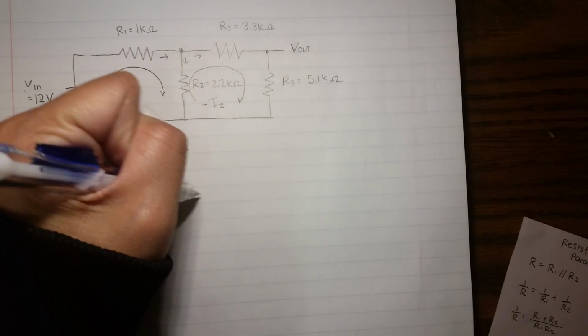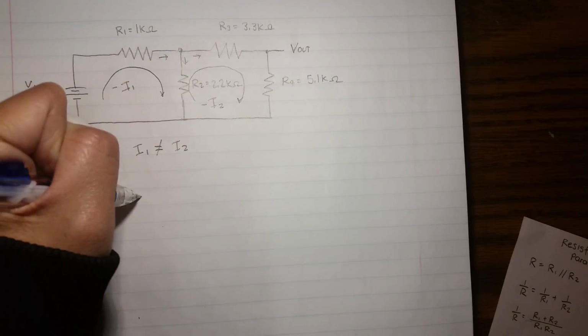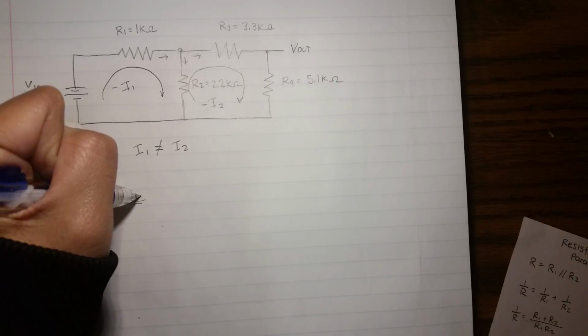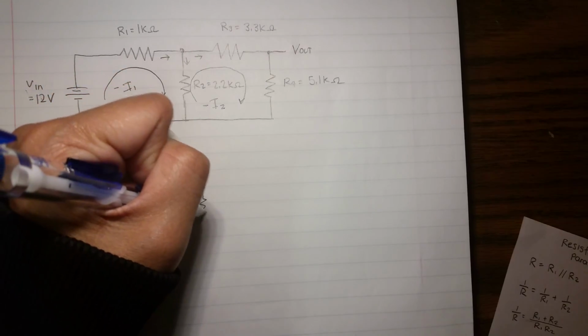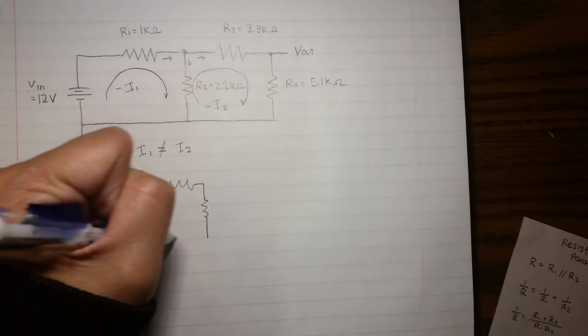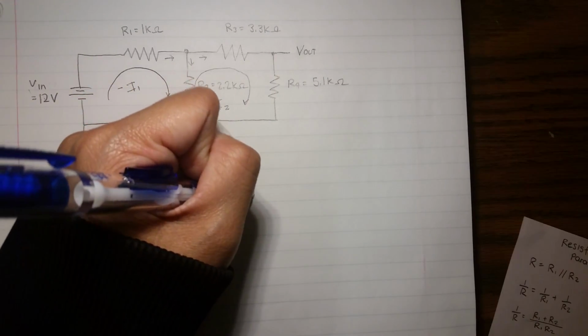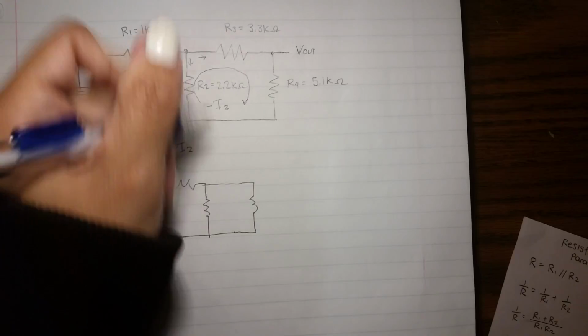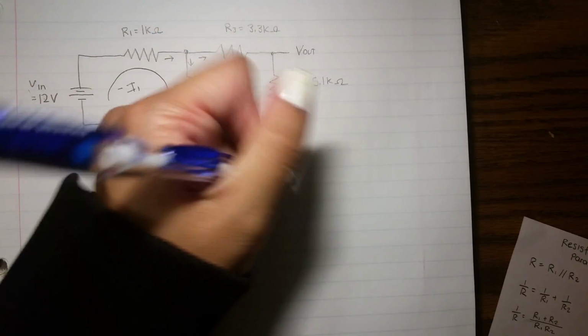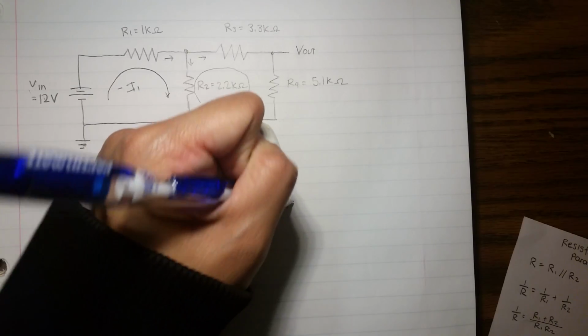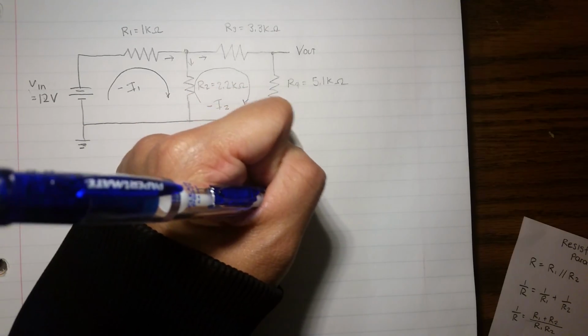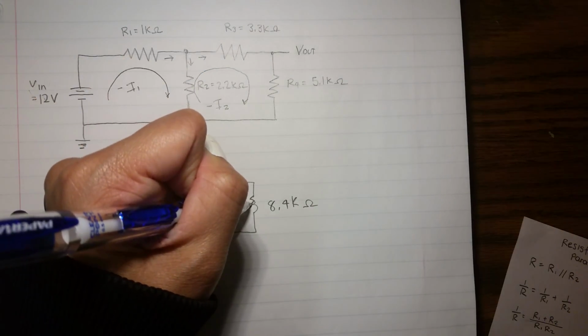So we get something kind of like this, a super fast, ugly thing. 3 plus 1 is 4, 3 plus 5 is 8. So 8.4K ohms. Yay!